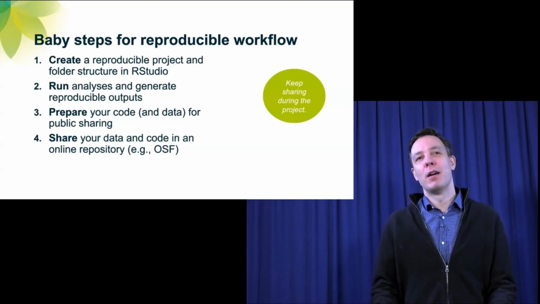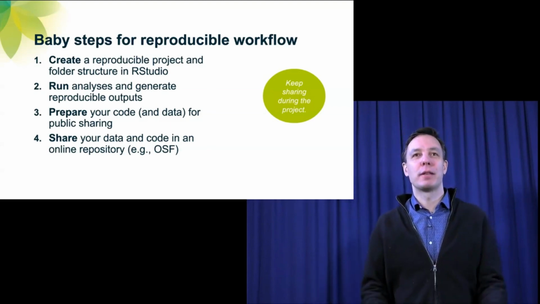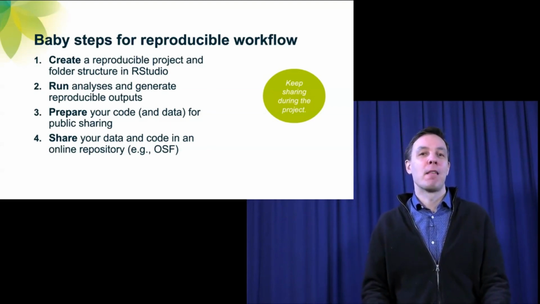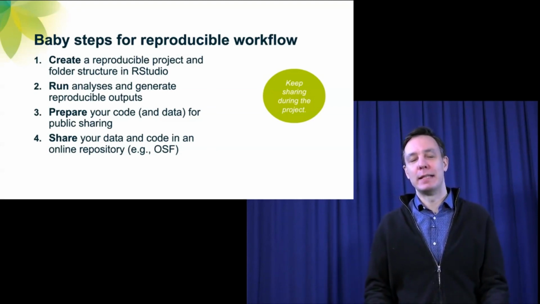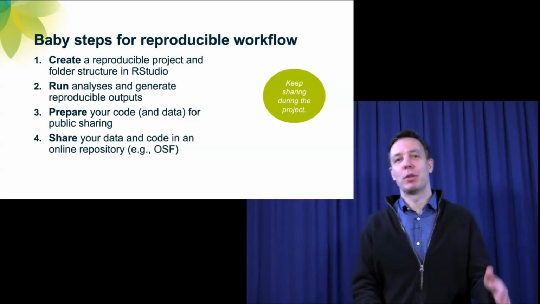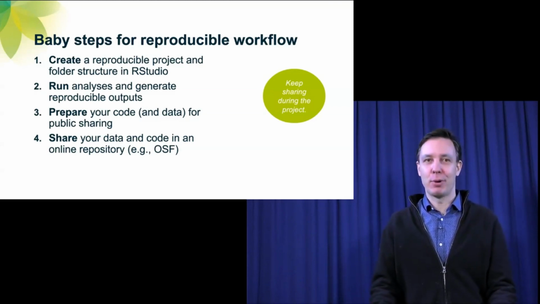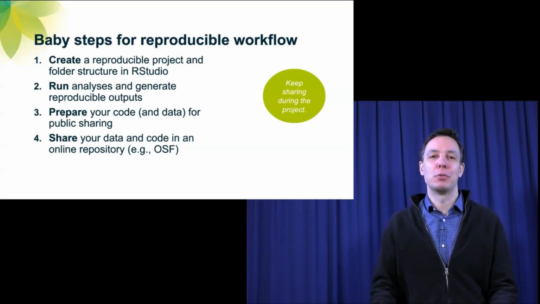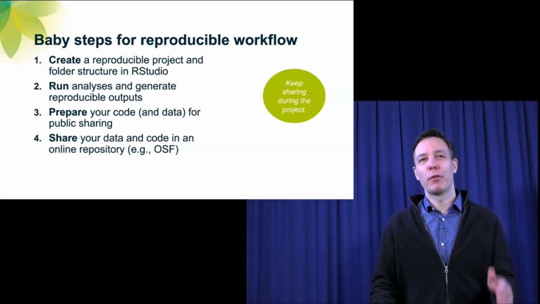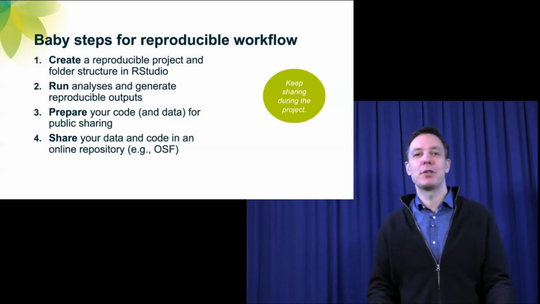And then along the way and before sharing, we have to make sure that our code and data are easily readable and commented enough for public sharing. And then as a final step, of course, we want to share our project, so there are online repos that are used for that. So we will go through these 4 steps, first with my presentation and then hands-on in RStudio.